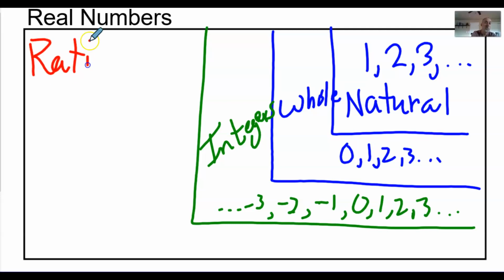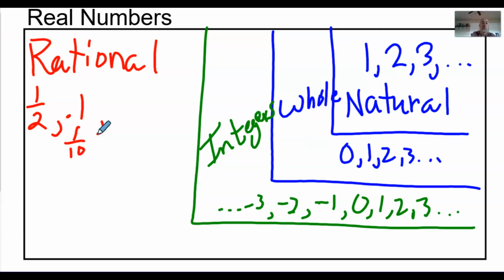And then another set of numbers in the real numbers are the rational numbers. Rational numbers are any number that can be written as a fraction of integers, like an obvious one, 1/2. That's a fraction. Also, 0.1. 0.1 is a rational number because it can be written as 1 over 10.